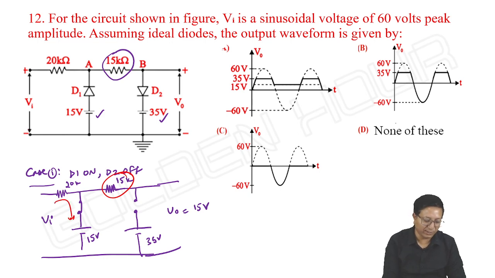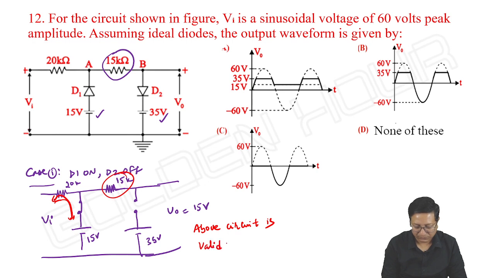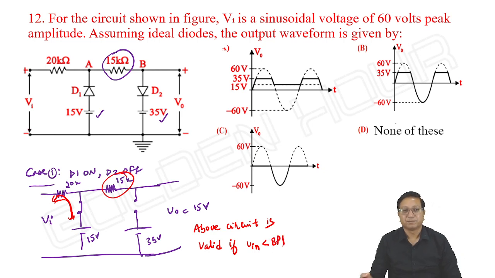Of course, diode is directed upwards, so current will go in anti-clockwise direction. Done. So this is valid for input less than breakpoint 1. Above circuit is valid if V input is less than breakpoint 1.